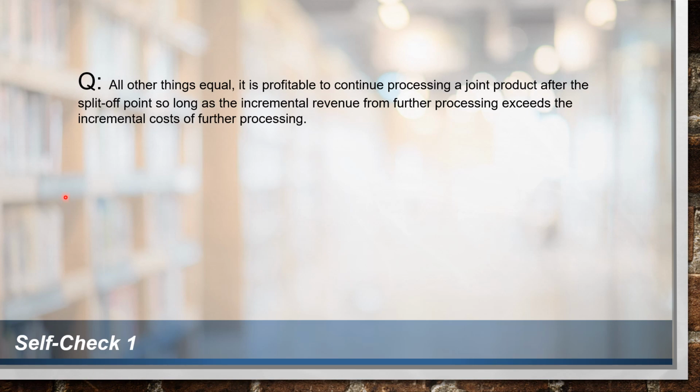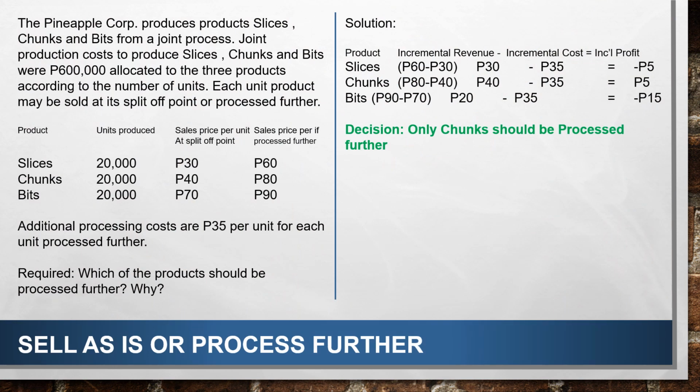Okay, so time for self-check number 1. We have here an example for sell as is or process further. Pineapple Corporation produces product slices, chunks, and bits from a joint process.